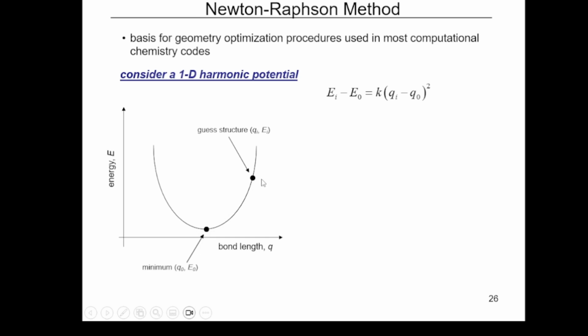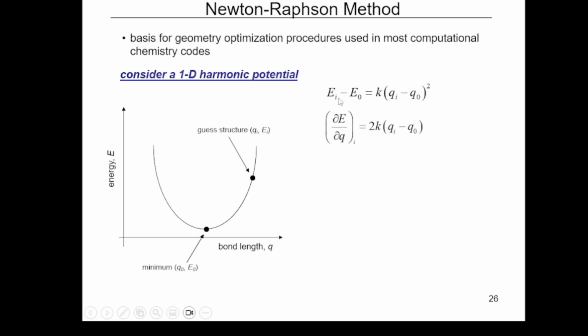The difference in energy between this Ei and E naught is equal to k (qi minus q naught) squared. And this is actually coming from Hooke's law, that the change in energy depends on the force constant times the difference in displacement squared.